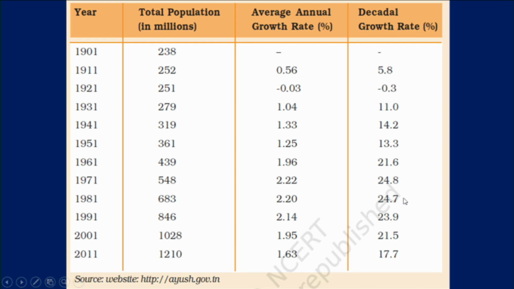Even 1981 also increased, 24.7 percent, and then you can observe a decrease: 1991, 23.9 percent. There is a decrease in the growth rate, and 2001 is 21.5 and 2011 is 17.5. Don't think that the population is coming down. No, only the growth rate is coming down.